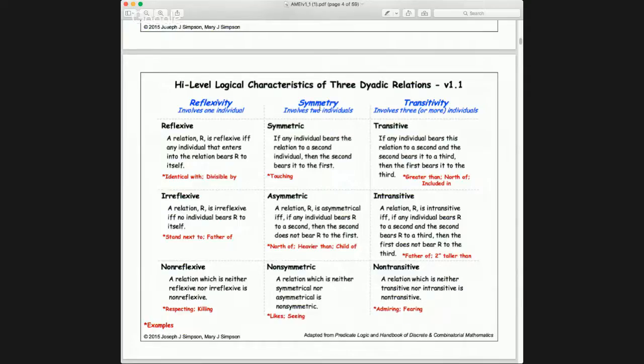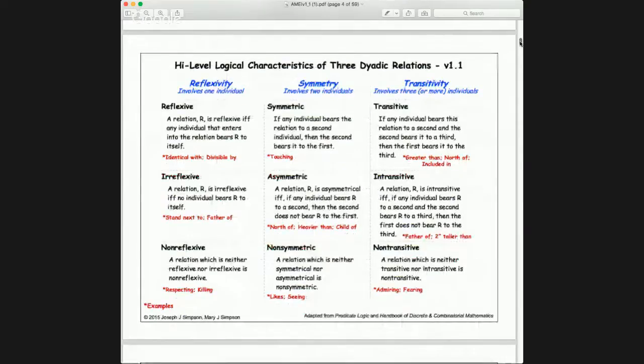For the simple fact that you need 2 or more individuals for a system. Reflexivity only involves 1 individual, and transitivity involves 3 individuals, but 2 at a time. So you really need to have a type of symmetric relationship underneath the transitive relation. That's a very non-specific idea, but you can't have 3 things related without having 2 things related. So symmetry is the logical property that was picked.